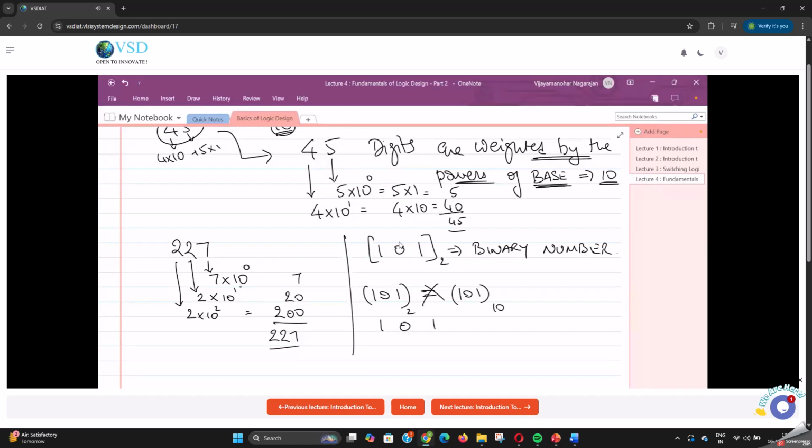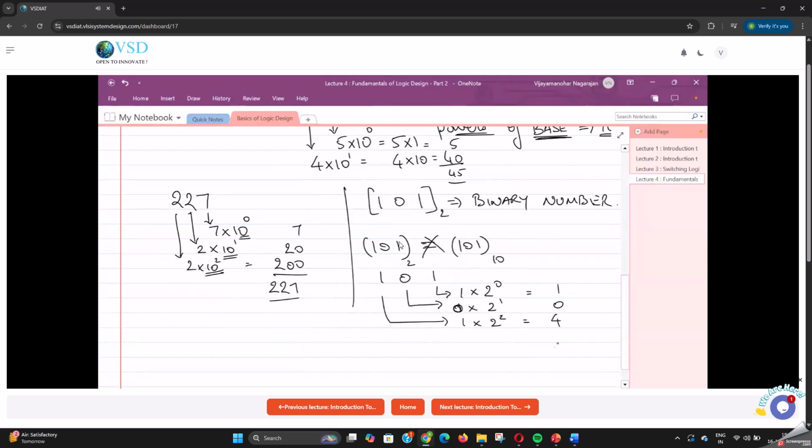Like here the weights were based on the powers of the base. Here this 101 means this is 2 power 0, this is 2 power 1, this is 2 power 2. So this is 4, 0, 1. So this means it is actually 5, as per our decimal number system.